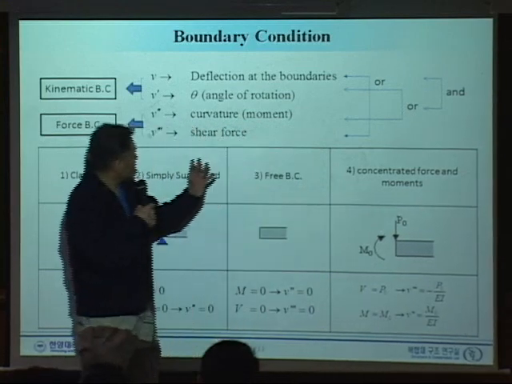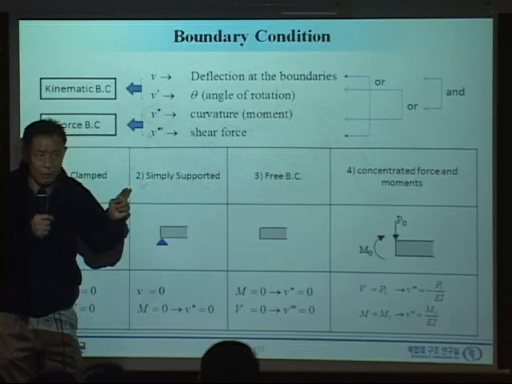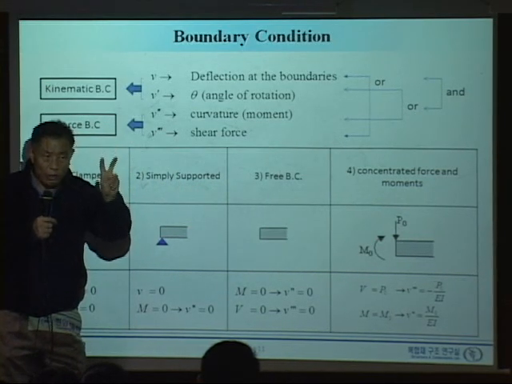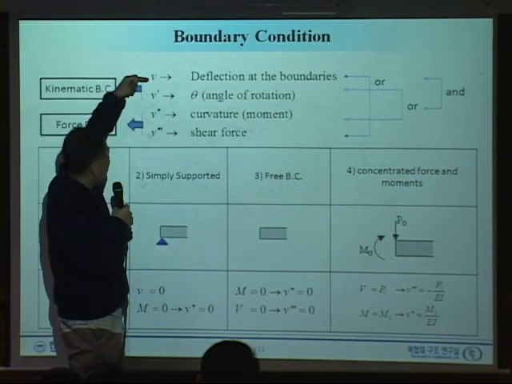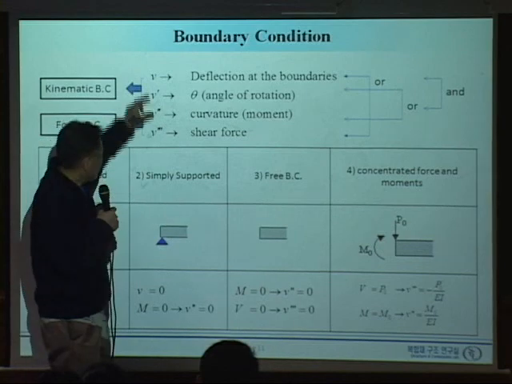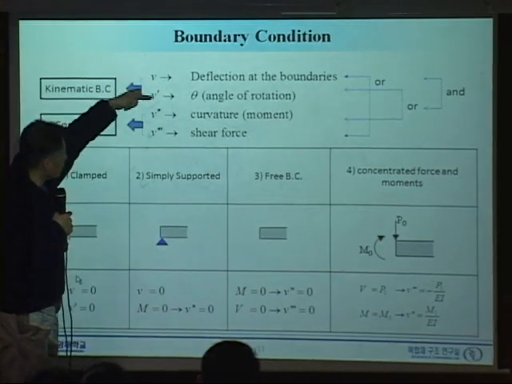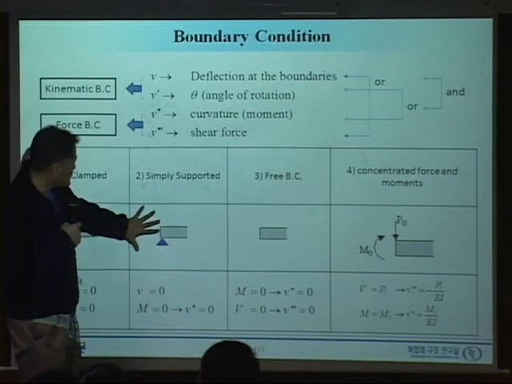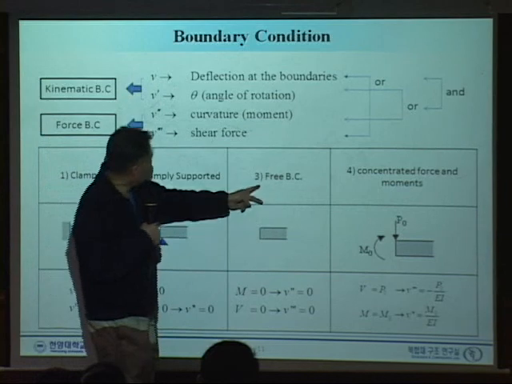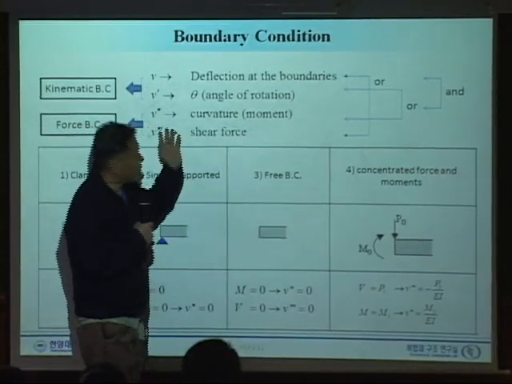So as you can see here, any boundary should always have at least 2 conditions. We have v, v prime, v double prime, v third prime, and either combination. This one, you have v and v prime, right? This one, simple support, v and v double prime, and here free, v double prime and v third prime, and so on.